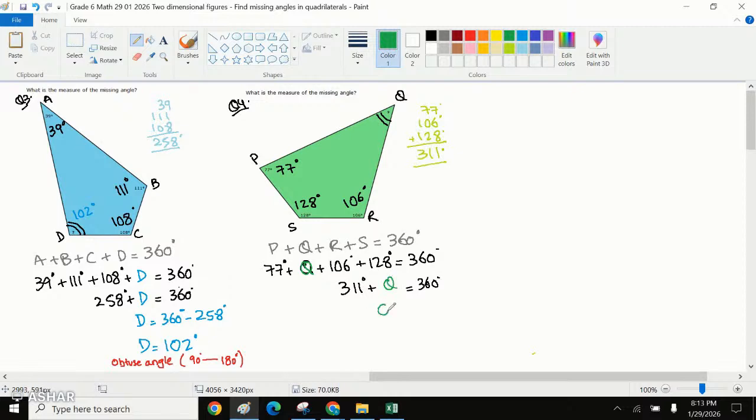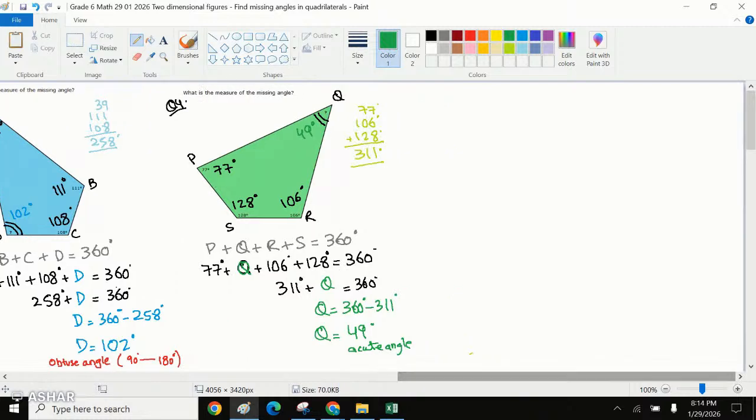So can we say Q would be equal to 360 minus 311, and the angle Q comes out to be 49 degrees. We can say this is an acute angle. Okay, do we agree? Okay, thank you.